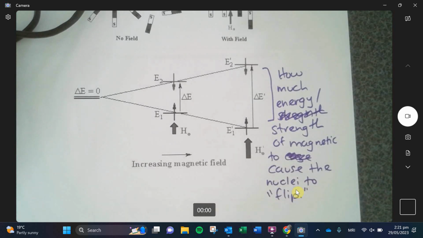So that's just telling me how much energy I need. Now, depending on what's attached to that carbon, that's going to vary how much energy you need.